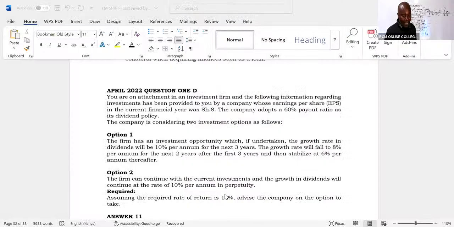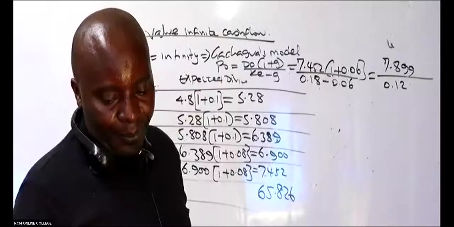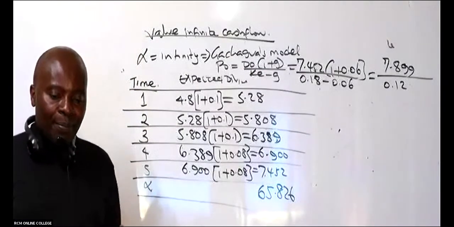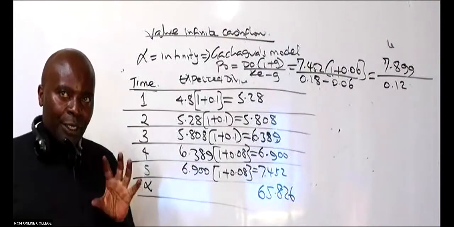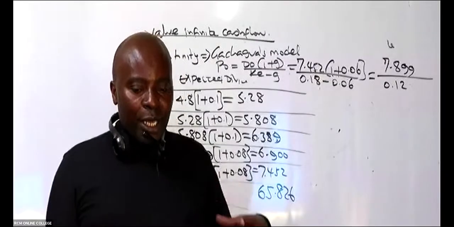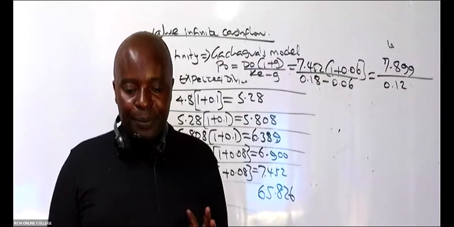It is here. Assuming the required return is 18%. It has been given, right? Hope you've been able to see it. So anytime you hear about infinite, always remember the Gordon growth model, D0 growing, Ke minus g.